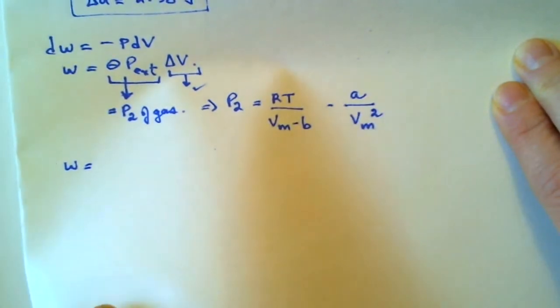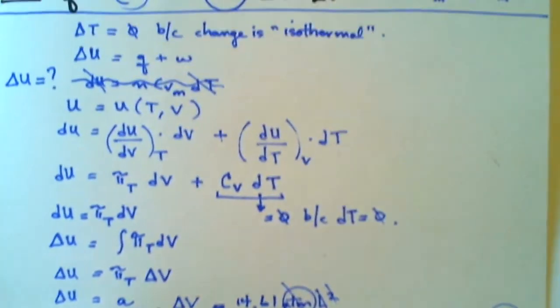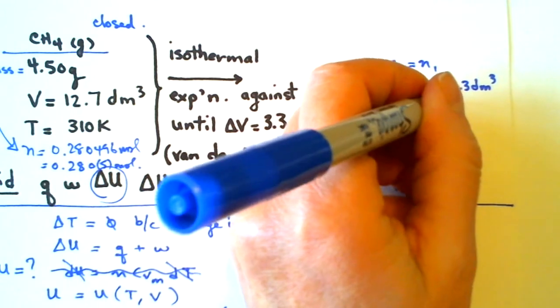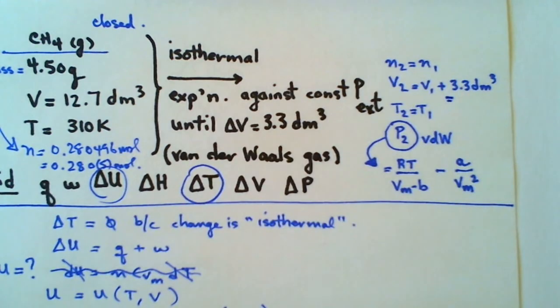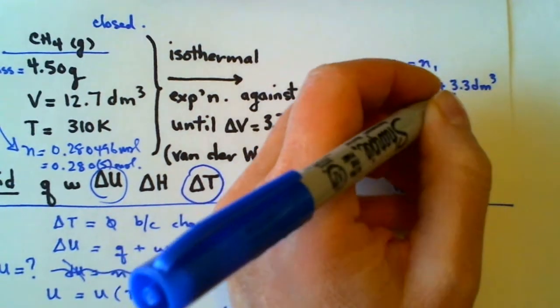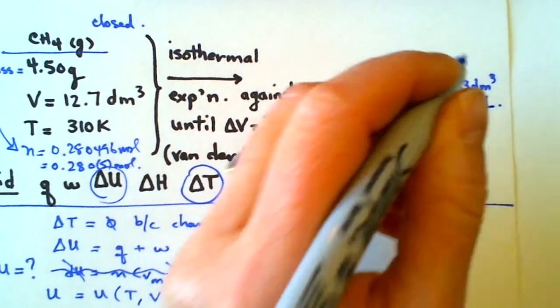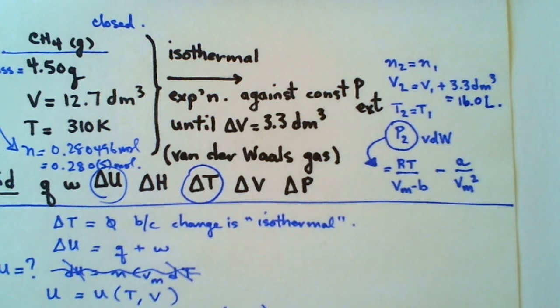So let's just go up here for a moment, back to the given. V2 is equal to V1 plus 3.3, and that is equal to 16.0 decimeter cubed or liters.